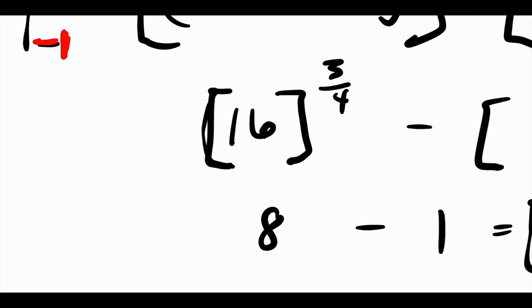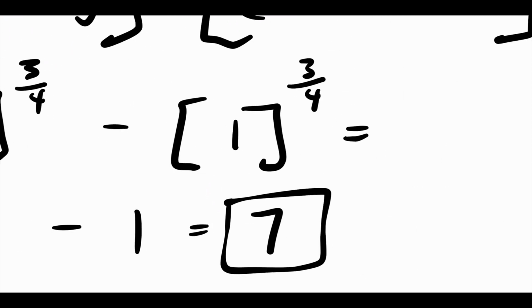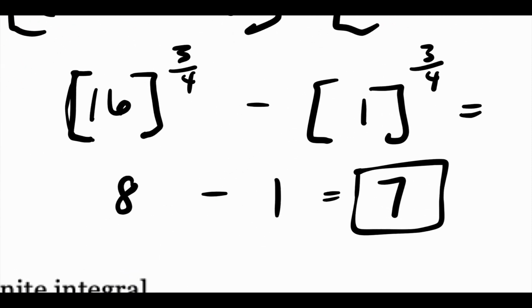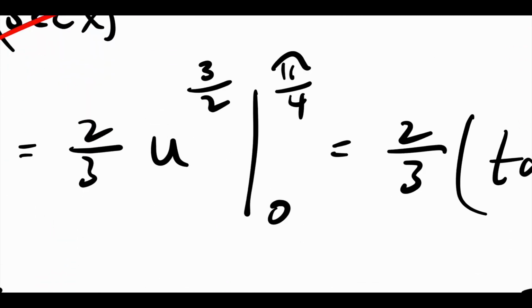Same thing here, 1's and 0's a lot. If you get weird, crazy, ugly answers, you probably did something wrong somewhere. This is a good way to check. If you get something clean, like 16 to the 3/4 or 1 to the 3/4, then you're probably in a good spot.